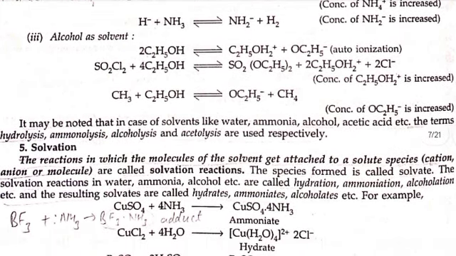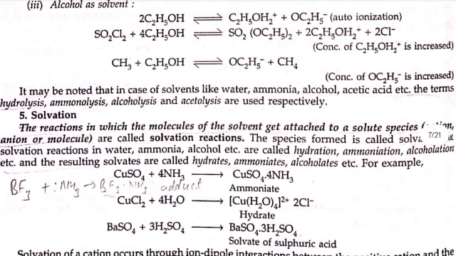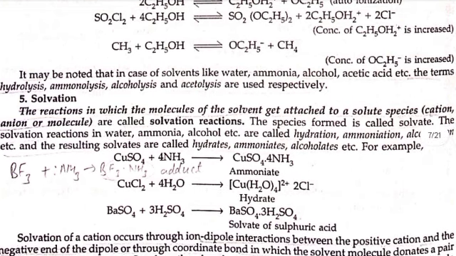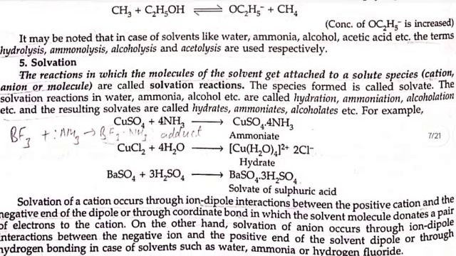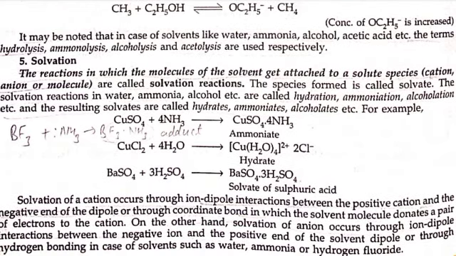H+ plus NH3 gives NH2- plus H2. Alcohol as solvent. Alcohol gives alcohol cation and anion. SO2Cl2 plus alcohol gives SO2(OC2H5)2 plus 2C2H5OH2+ plus 2Cl-. CH3- plus alcohol gives OC2H5- plus CH4.